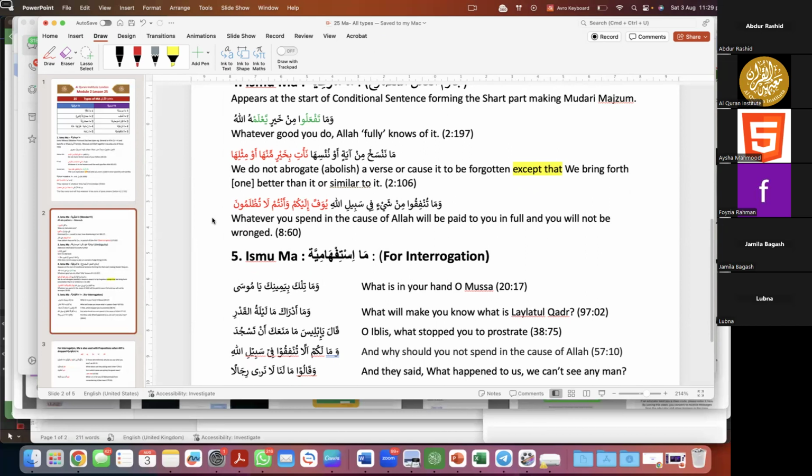So, wa ma, so ma shartiya here. Tunfiquna became tunfiqu and the noon dropped. Min shay'in fi sabilillahi. Then the next part is the jawab ash-shart, yuwaffa.